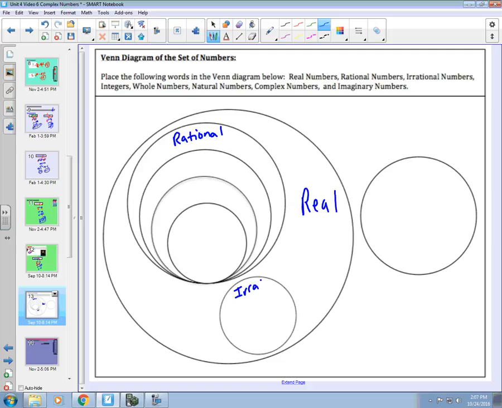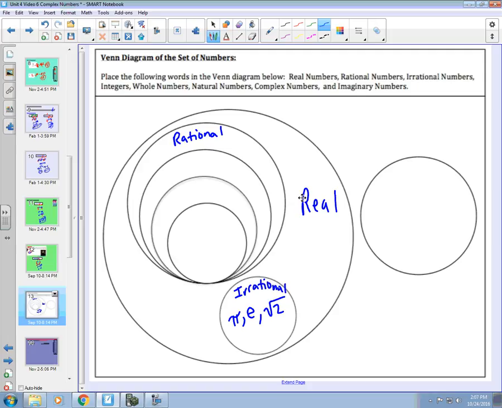And irrational numbers, you know a couple of those. Those are like pi, and there's one that you'll look at later in the year, the natural number e. Any square roots that you can't simplify, such as the square root of 2, are decimal numbers that just keep going on forever without repeating. Those are called irrational numbers.